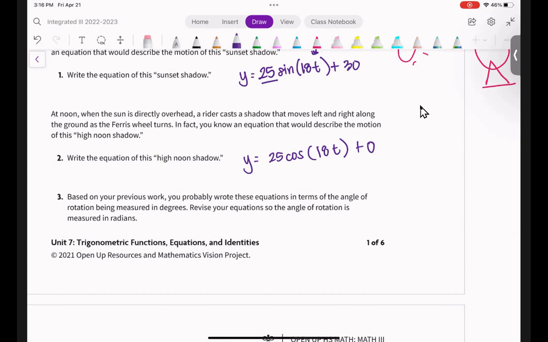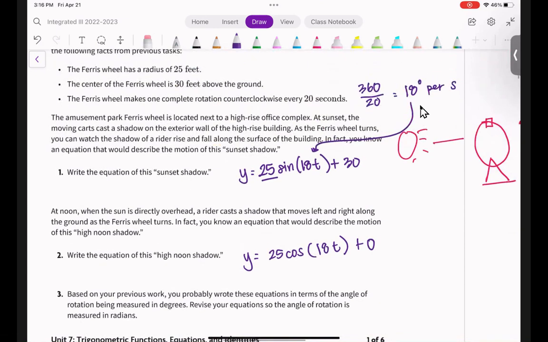We did 18 degrees per second, but now we want to consider this in terms of 2 pi. So now I'm going to do the same equations except 2 pi divided by 20, which I'd simplify, so that would be pi over 10 radians per second.